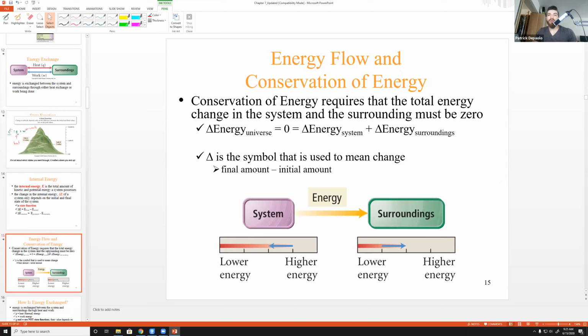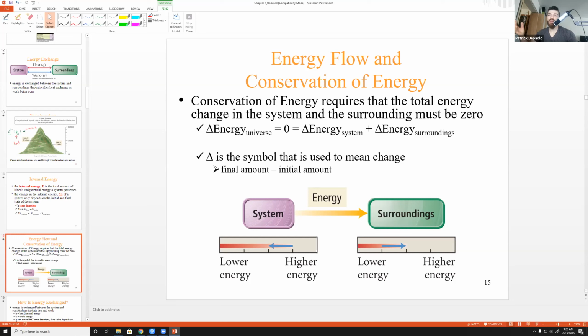Okay, so a lot of the time, well, all the time in these examples that we do, we're going to be assuming conservation of energy, meaning the energy that is released by your system is the same amount of energy gained by the surroundings, or vice versa, meaning no energy is going to be randomly lost to the universe in our problems.